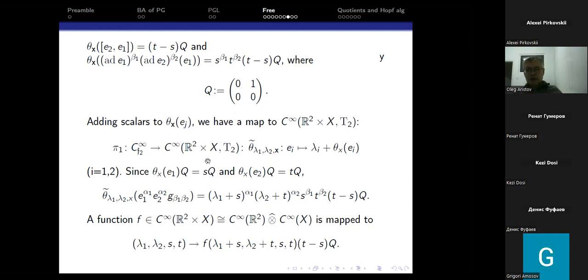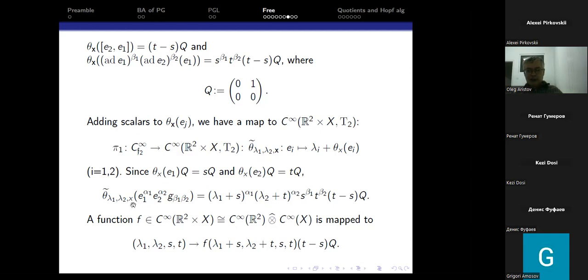We map every generator to lambda I plus theta X of I. And it is also easy to see that in this case, E1 and E2 act as scalar multiplication.